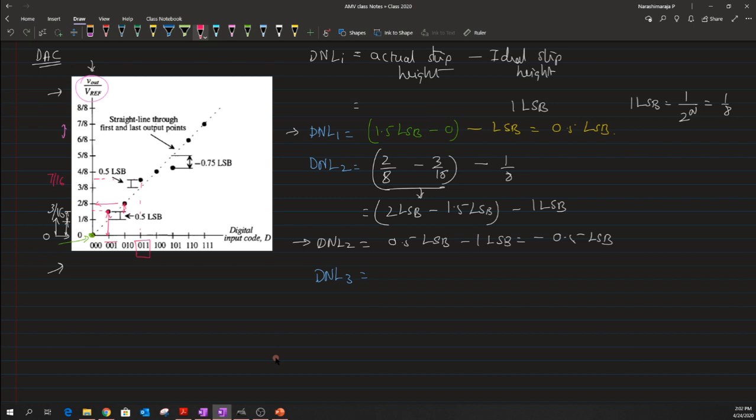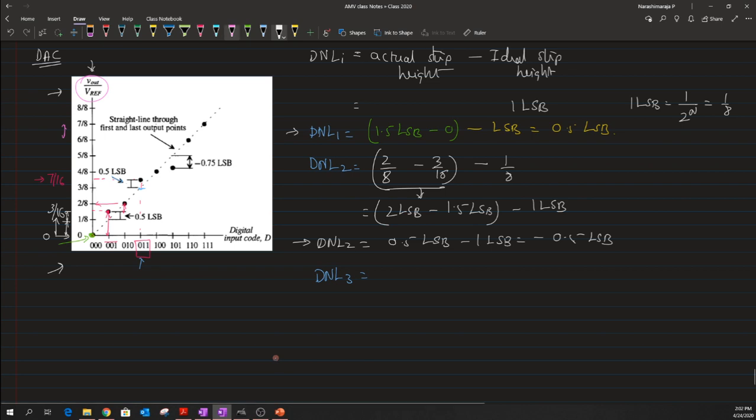If you are not sure, you can cross verify this value, but I am assuming that this quantity is right. With that, I know that this particular data is away from the expected value by 0.5. Okay. The expected value for this input of 011 is 3 by 8, but what I am getting at the output is more than that by 0.5 LSB, and due to this I rate everything in terms of the difference itself.